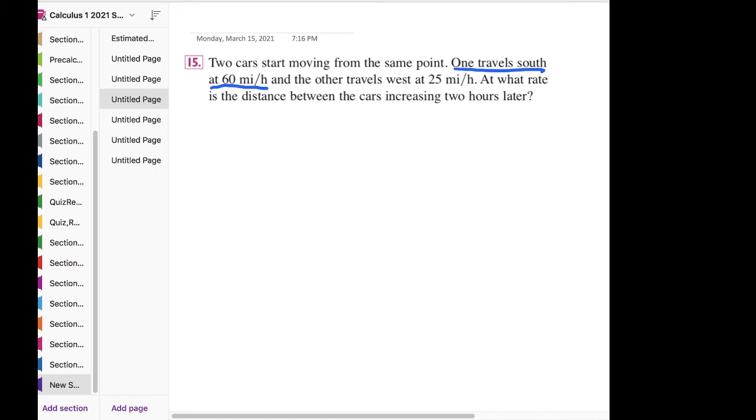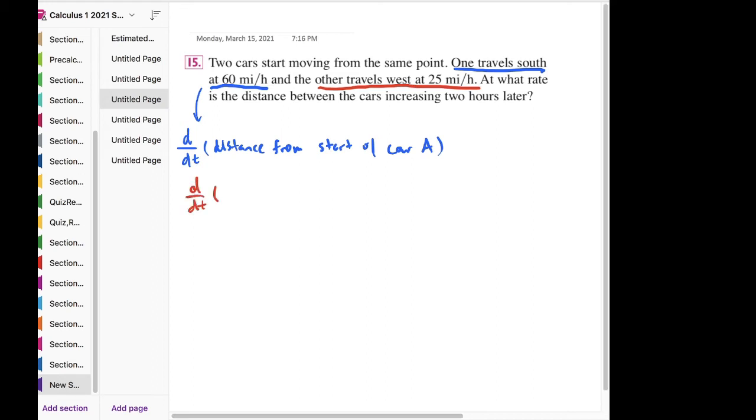It's a function of time, but it gives you distance, so it's a derivative. As time is changing, distance from start of car A, let's call it. So it's just speed. But just to be pedantic, let's say distance from start with respect to time. Similarly, this is d/dt of the distance of car B.